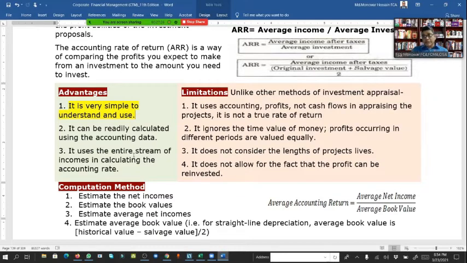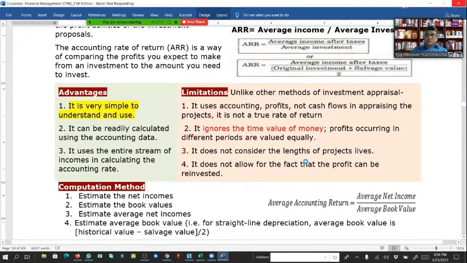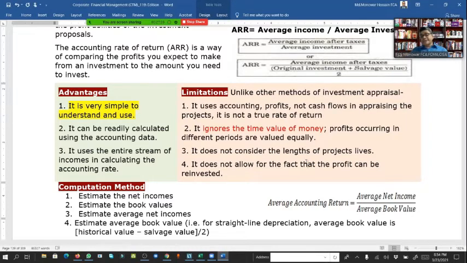Here it is accounting profit, and the limitation is that it uses accounting profit, not cash flow. In appraising that project, it is not the true rate of return, and it ignores the time value of money. Basic problem is ignoring the time value of money. Profit occurring in different periods is valued equally. For example, today's 1 taka is not the same as tomorrow's 1 taka.